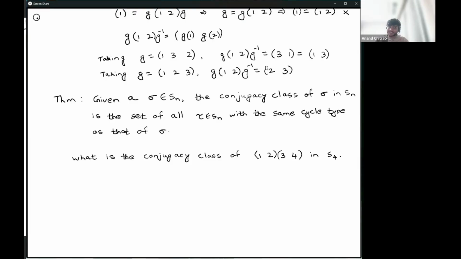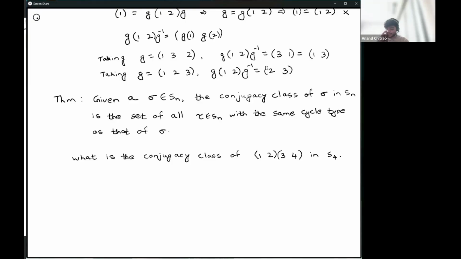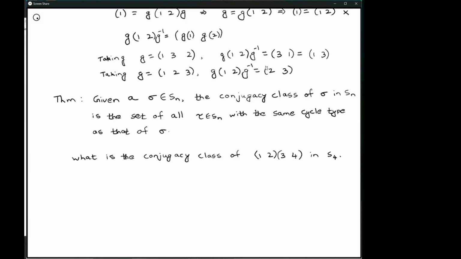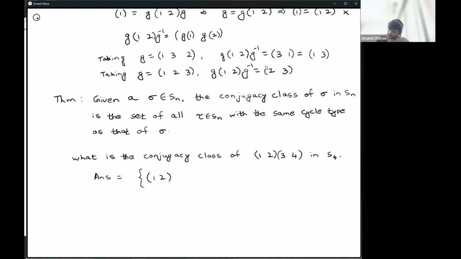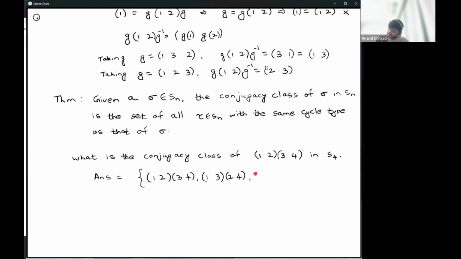I need some responses from your side. Yes, sir, understood. So what's the answer here? Conjugacy class of (1 2 3 4) in S4? (1 3 2 4). (1 3) a cycle and (2 4) another cycle. So (1 2 3 4), (1 3 2 4), and (1 4 2 3). Is this clear?